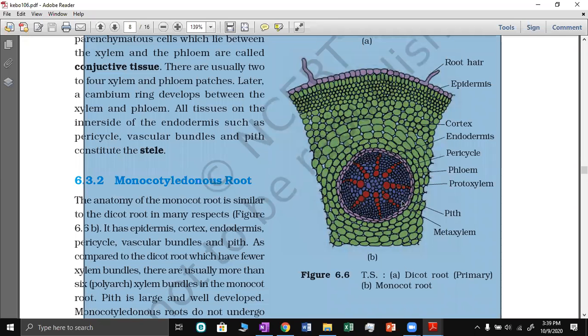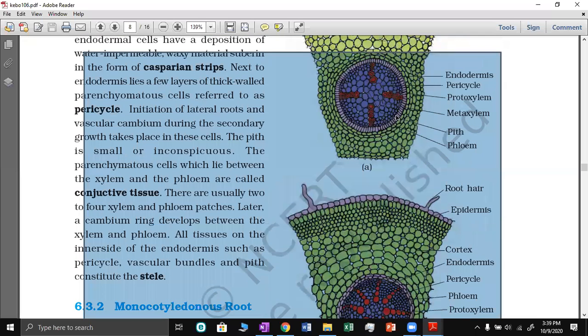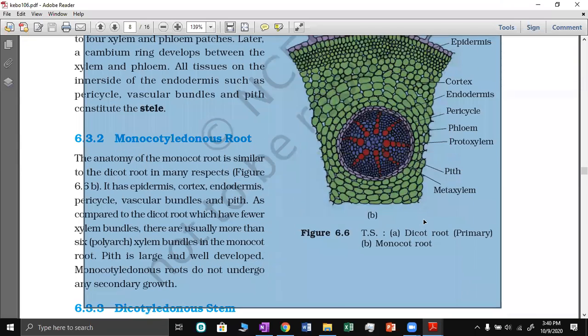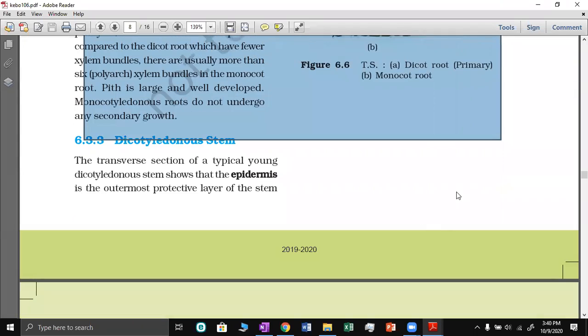So this condition is polyarch. And this one is a dicot. Here you can see 1, 2, 3, 4. So this is a tetrarch condition. So this is polyarch and tetrarch or pentarch.